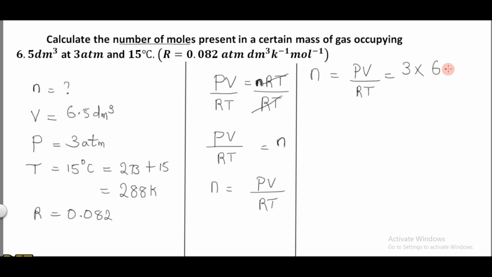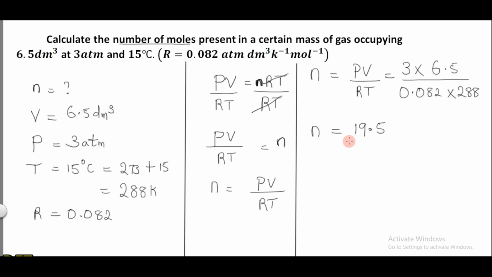So that will be 6.5 divided by my R, which is the universal gas constant, 0.082 times my temperature T, which is 15 degrees Celsius, and I converted it to Kelvin and it gave me 288 Kelvin. So that will be times 288.